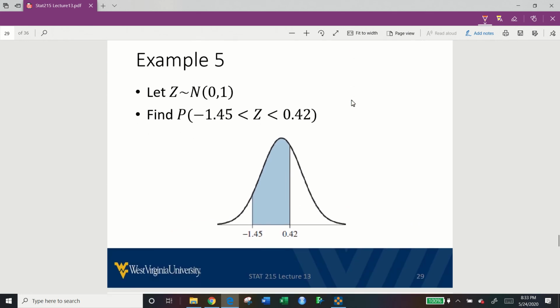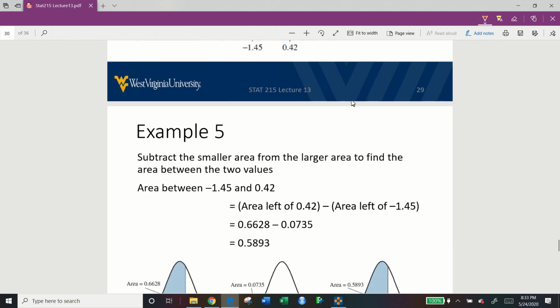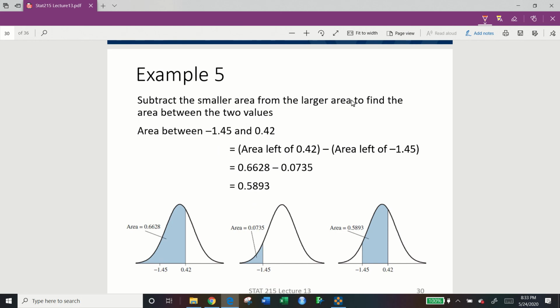Let's take a look at another example. This one's going to be a little bit harder. So once again, we're assuming z follows the standard normal distribution, and this time we want to find the probability that negative 1.45 is less than z, which is less than 0.42. Okay, not a problem. We can still use our table.